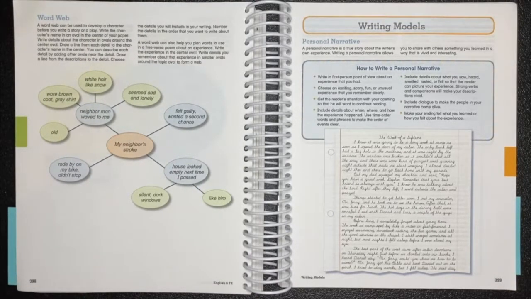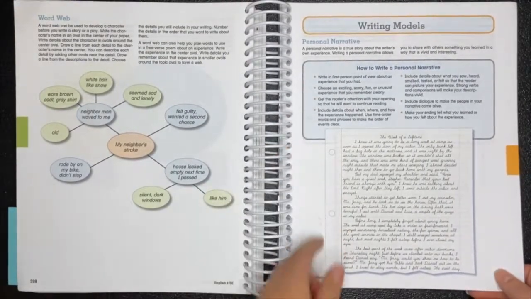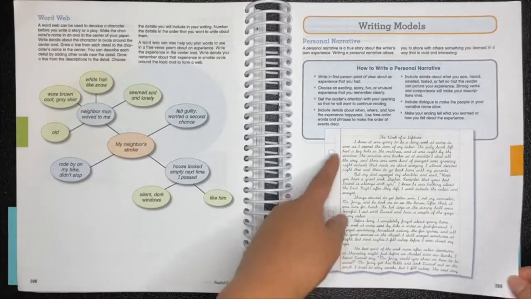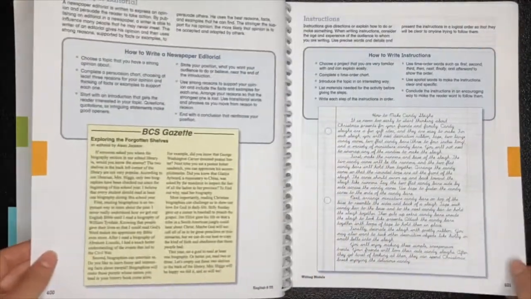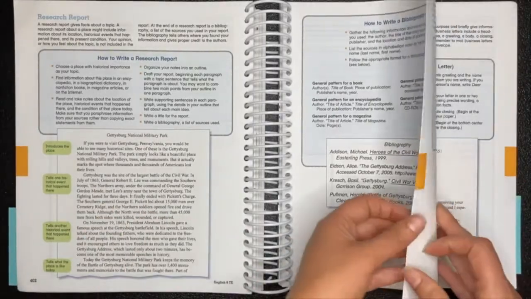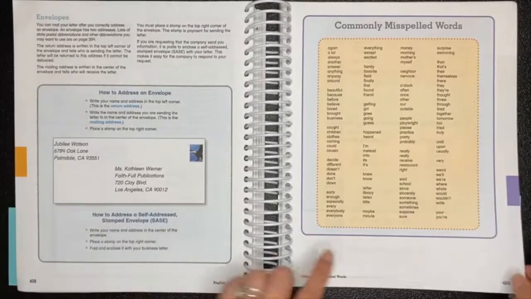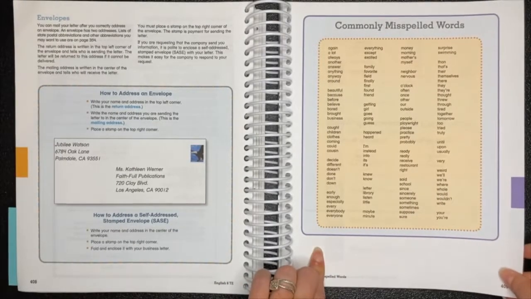You'll also find the examples for the different writing models that your student will complete. And it'll give an explanation of what each one is, as well as an example. And they'll find some commonly misspelled words.